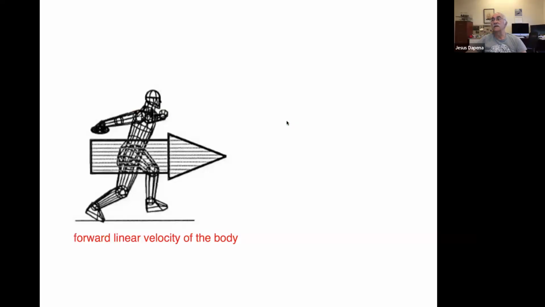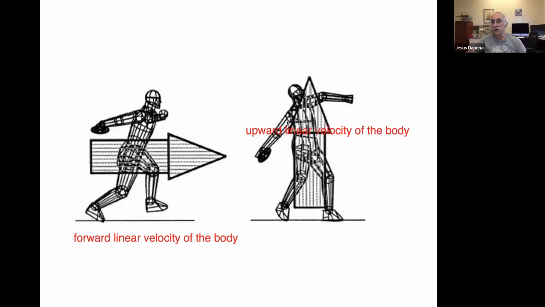So it's good for the thrower to move horizontally across the throwing circle, and the thrower will do that. And also later on, there will be an upward linear velocity of the body that will help with the vertical velocity of the discus.